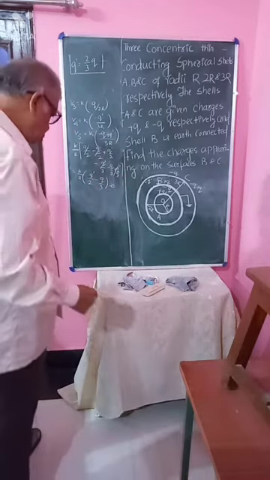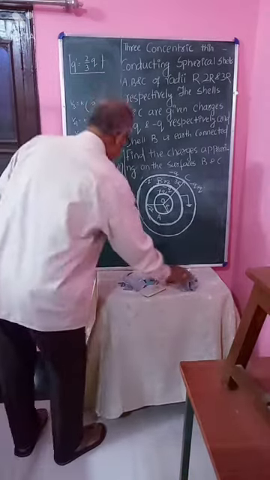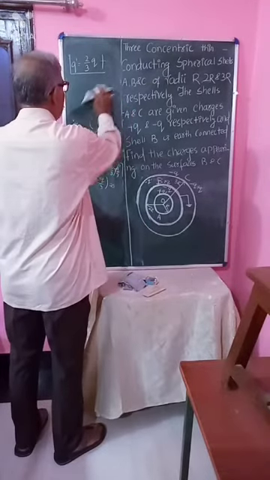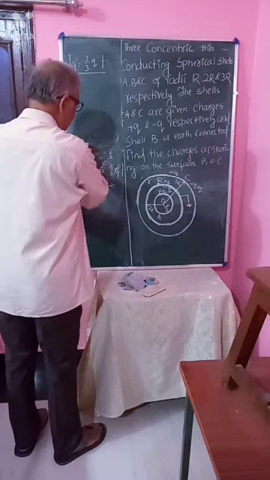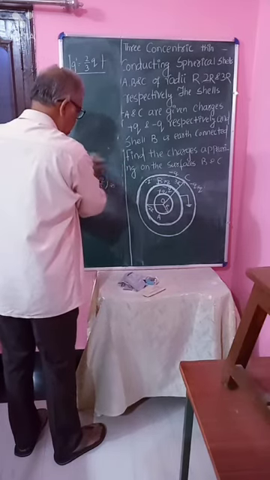Now once you know the value of Q dash, we can find out all the charges on the different surfaces of the shells.